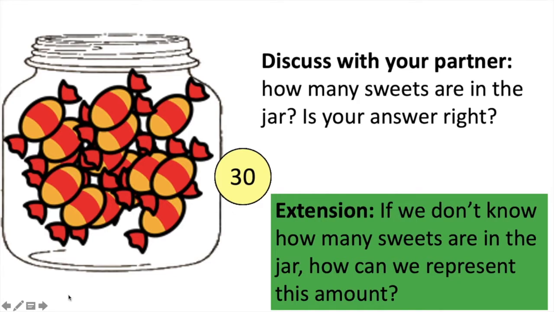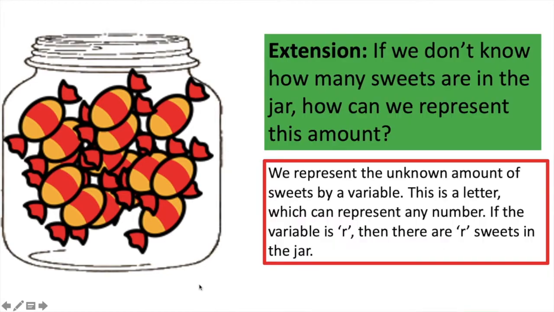Now, if we have a think about this jar, how could we represent what is in the jar if we don't know the amount? Well, there's a really easy way of doing this. What we do is we represent it by something called a variable.